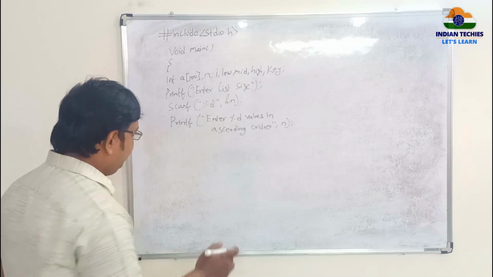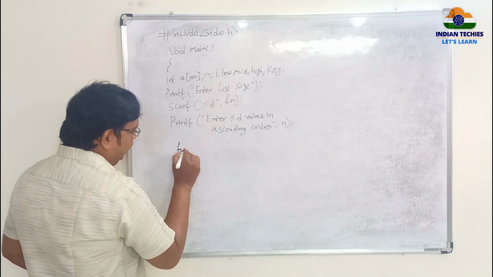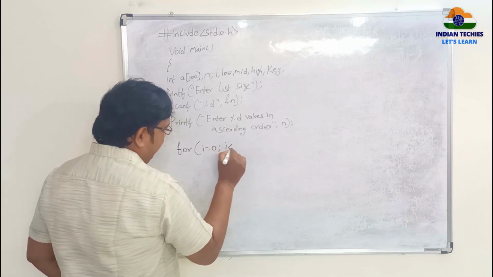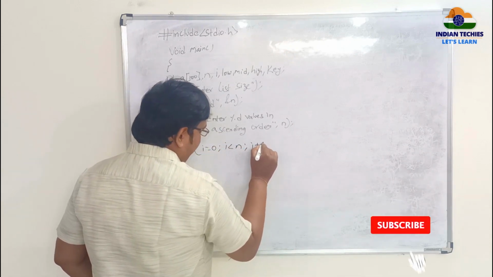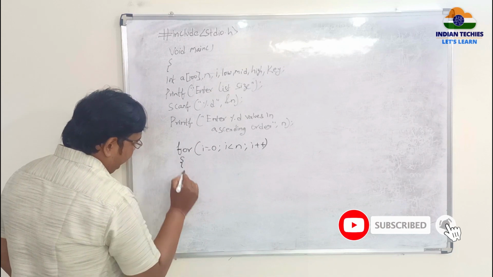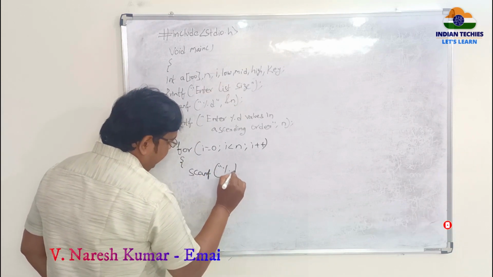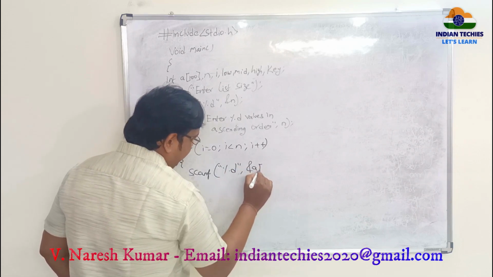Right? Now, for i is equal to 0, i less than n, i plus plus, scanf "%d", &a[i].